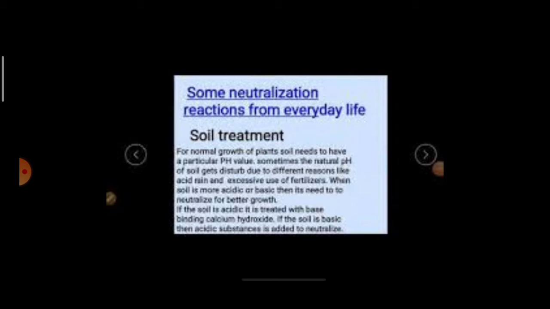If the soil is acidic, it is treated with a base like calcium hydroxide, as I said, lime. And if the soil is basic, what will we do? We will add some acidic substance to neutralize it. Clear? So for the treatment of acidity of soil, this neutralization reaction is utilized.